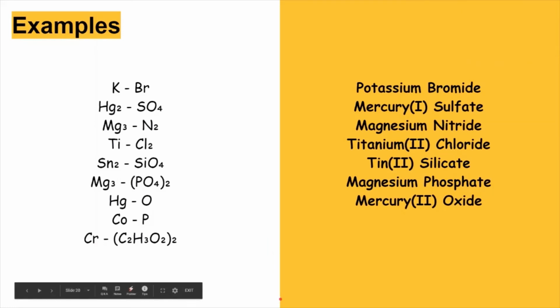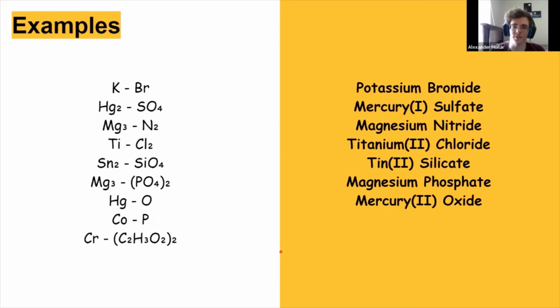Would you mind going over one more time why it's mercury(II)? Yeah, for sure. The reason why it has that 2 instead of the 1 like the first one is because of that formal charge that mercury has. So you know how oxygen has a -2 charge? What's happening in this compound is that mercury is supplying a +2 charge to have the overall charge be 0.